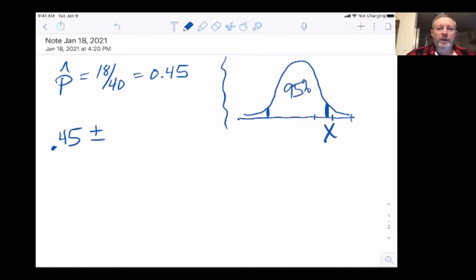The rule of thumb is that it's 2 standard deviations, but let's double check the work. We want this middle area to be 95%. So how do we find the X? Well, this is a standard normal model, so the mean would be 0 and the standard deviation would be 1. And all we have to do to find this number is do inverse norm of the percent left.